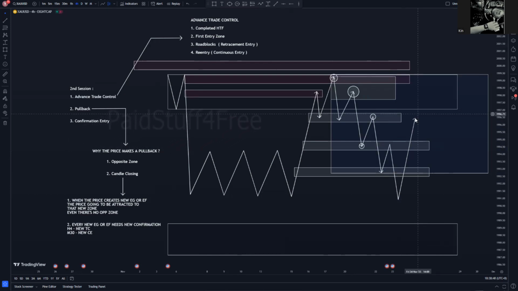The price is going to break the zones, right? So this answers the question just now: can the price create an EF but not manage to go to the exit zone? This is the risk. That's why we need to know where to monitor and what to look for.